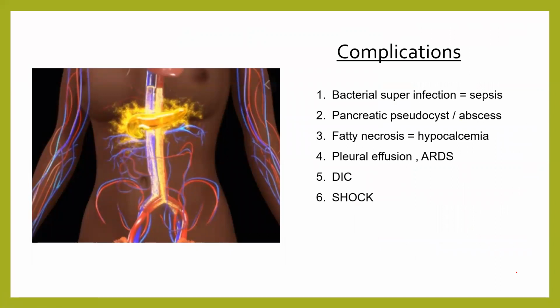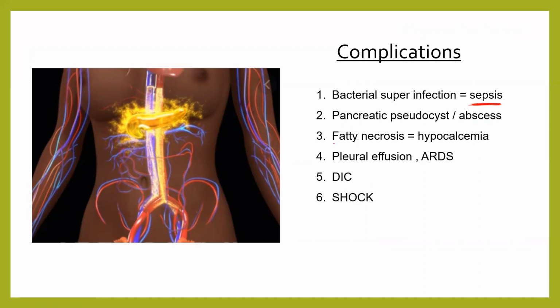So here's a quick overview of several complications. We can have bacterial superinfection because of formation of pancreatic necrosis. We can have a superinfection on the dead and necrosed tissue, which can progress to sepsis. And then we can have the formation of a pancreatic pseudocyst or abscess.